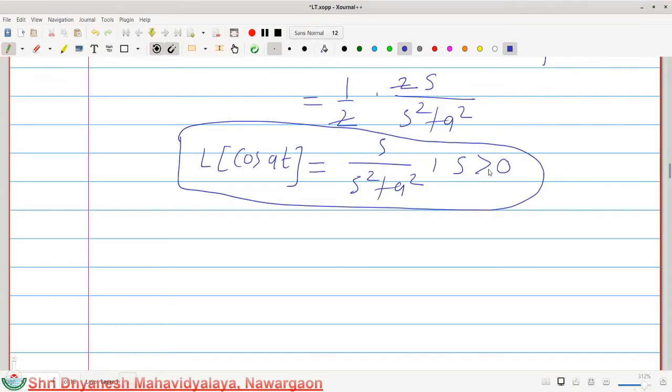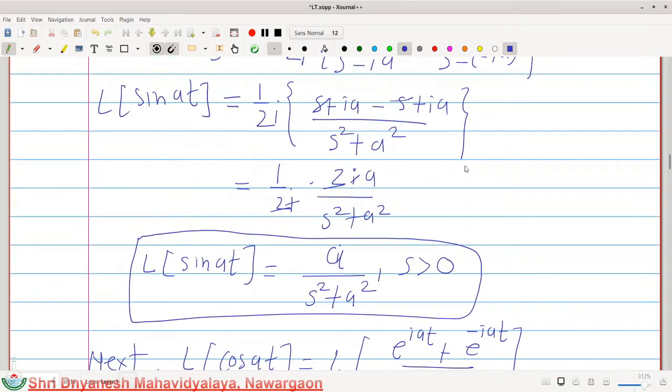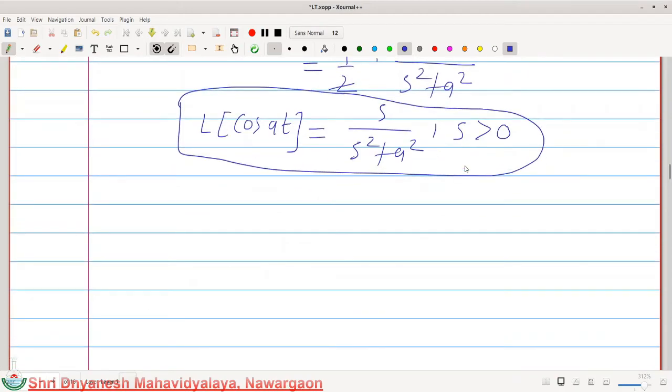Okay, so as we have found the Laplace transformations of sin at and cos at, we can also find the Laplace transform of hyperbolic functions.